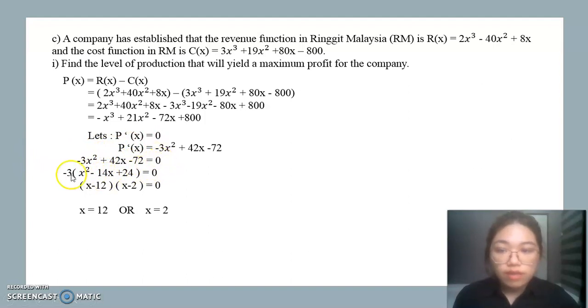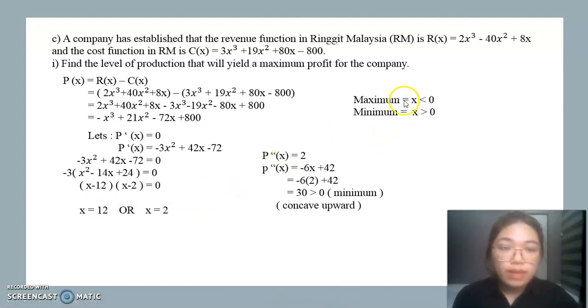Then we factorize this equation and get x minus 12 and x minus 2 equal to 0. So the critical points are x equal to 12 and x equal to 2. So there are two critical points.